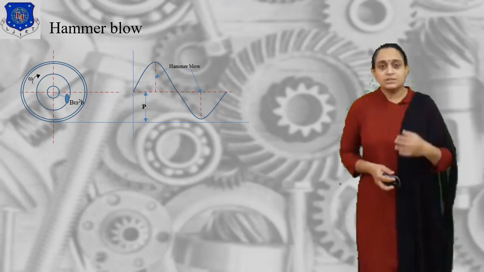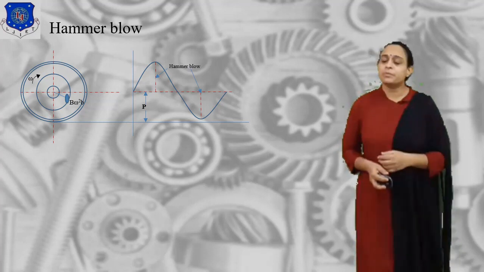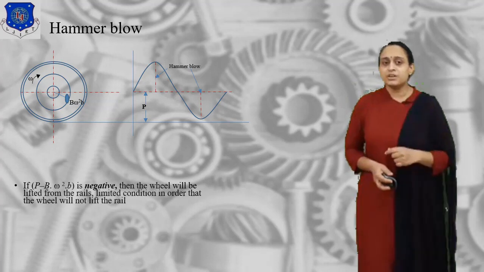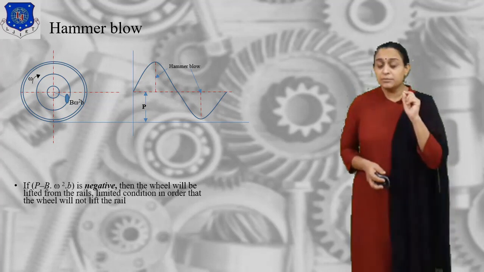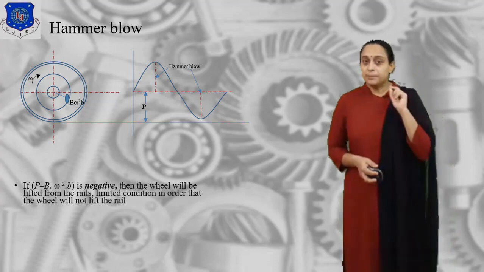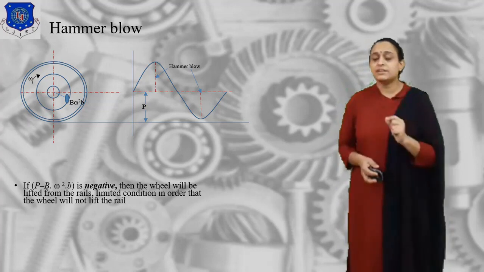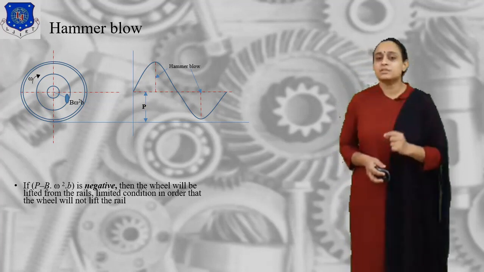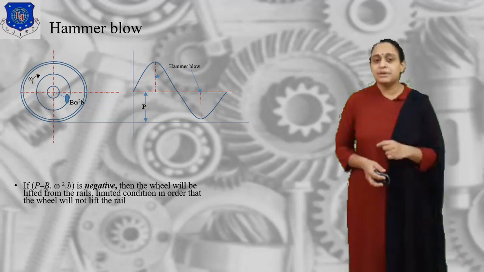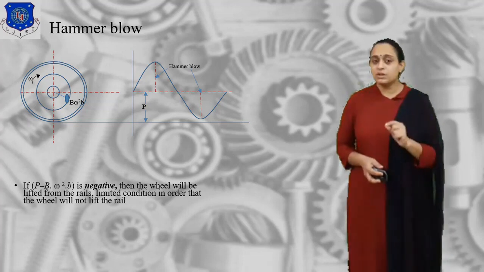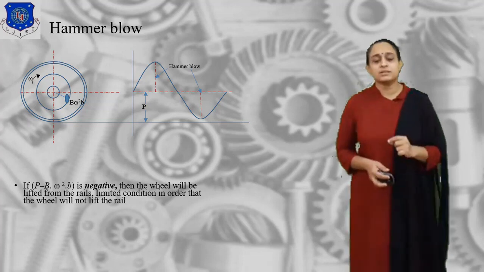So this is not possible. It is not a proper condition. So for the proper condition, what is the main equation? P should always be greater than or equal to B omega square b. So it is the limiting condition. P should always be greater than B omega square b.